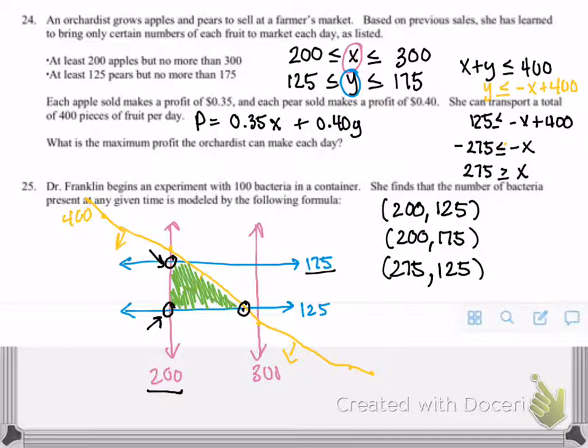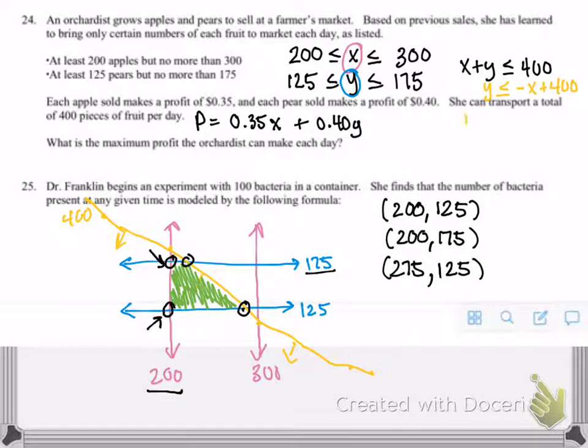And finally, I need to do the same for this point. So I have 4 vertices on my feasible region. For this point, my y value is 175. So I'm going to need to substitute that into the yellow equation that I have up here. And in order to make room for that, I'm going to erase my previous work.